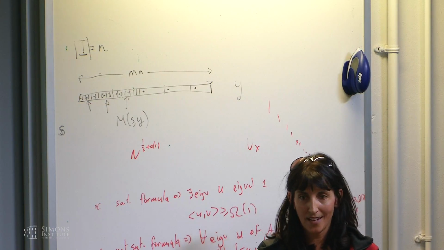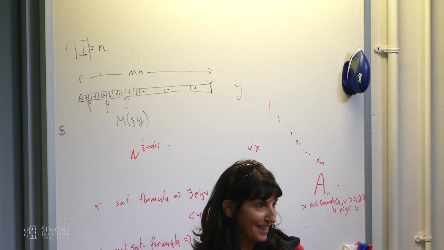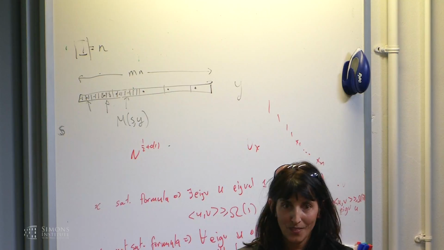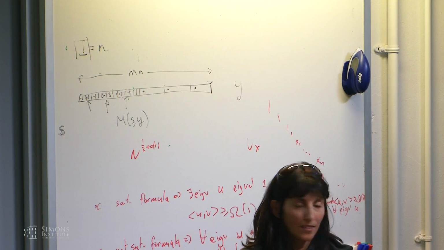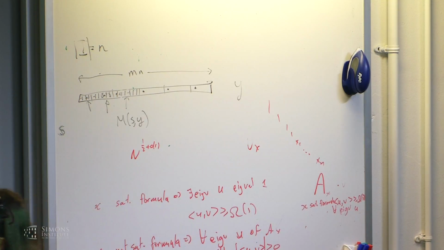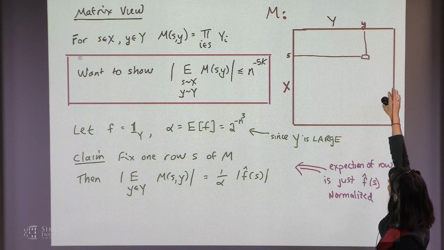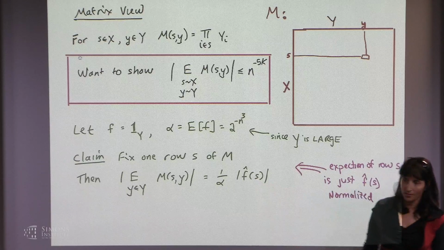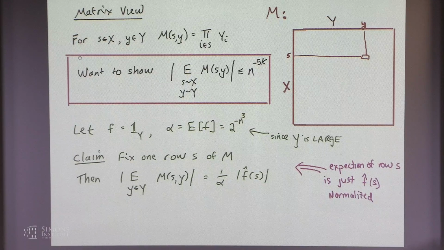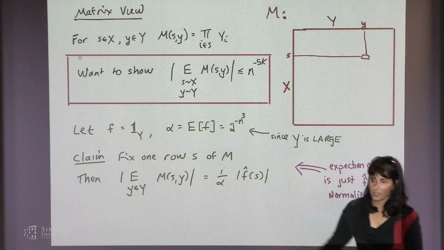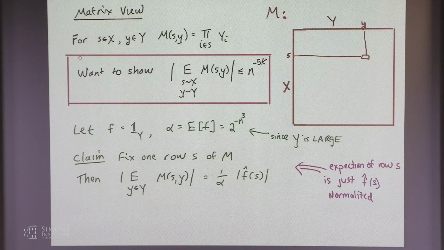In this case I is n, so it's a size n character, a subset of the coordinates. And so this row is basically the Fourier coefficient of f corresponding to this subset, but weighted accordingly to alpha. Does that make sense?